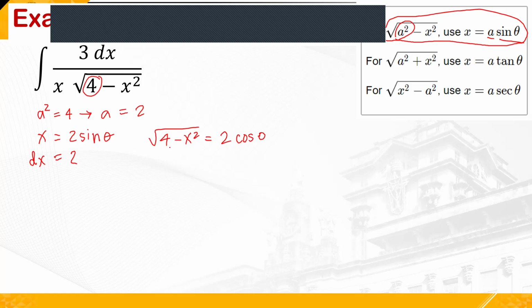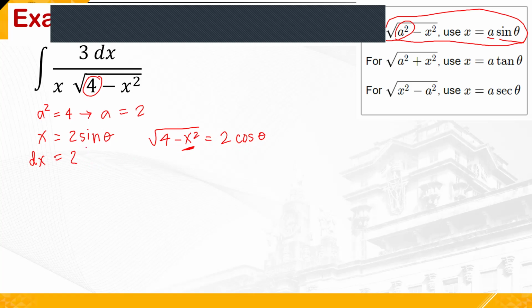Di na natin yung i-derive, although pwede nyo namang i-derive kung nakakalimutan nyo, di ba? If that is our x, this will be 4 sine squared theta. So, if lalabas mo yung 4, tapos 1 minus sine squared, cosine squared, so, yun, 4 cosine squared, square root is 2 cosine theta.